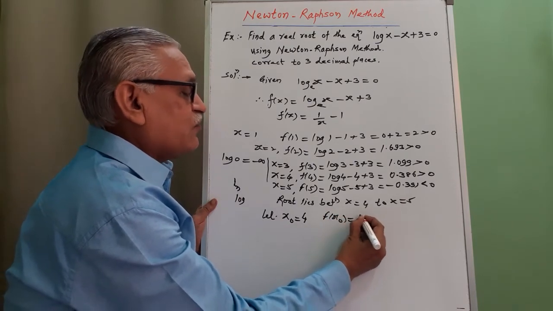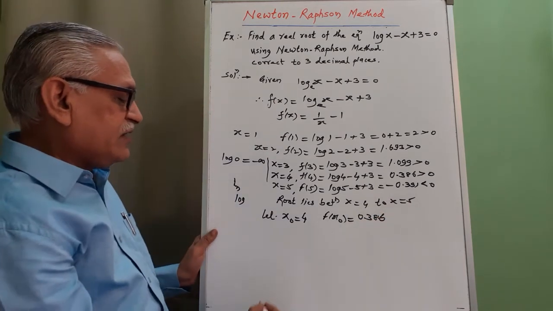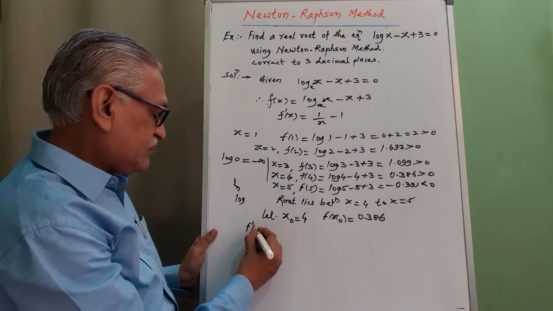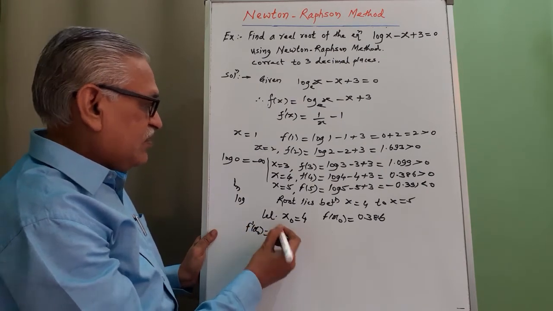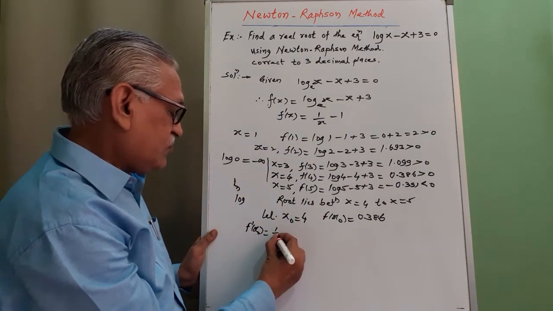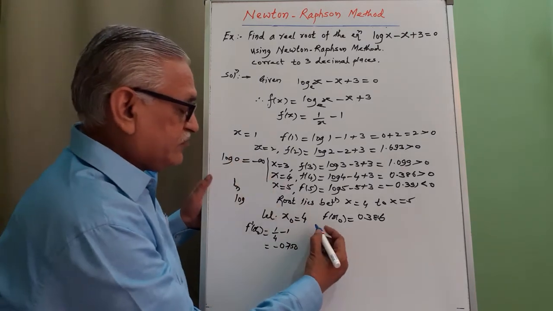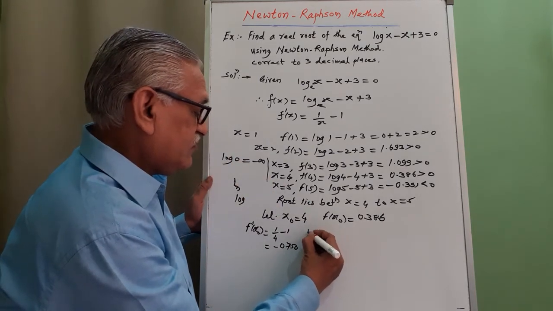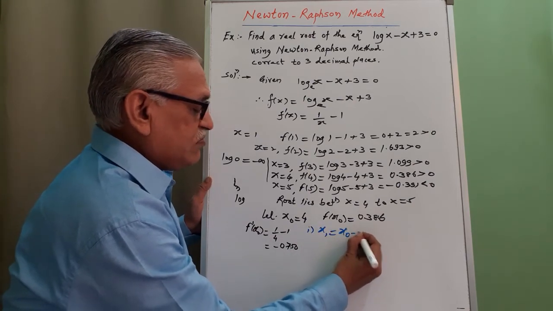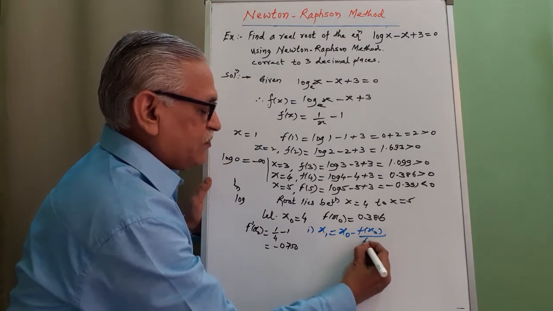for which we have f of x0 as 0.386, and then we find f dash of x0, which is 1 by 4 minus 1, that is minus 0.750. By first iteration we get x1 is equal to x0 minus f of x0 by f dash of x0.